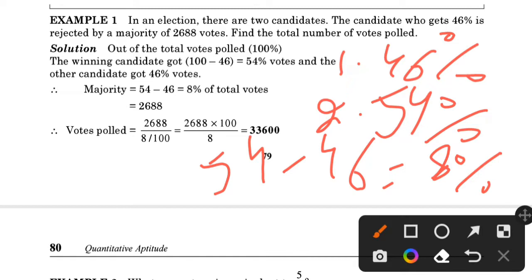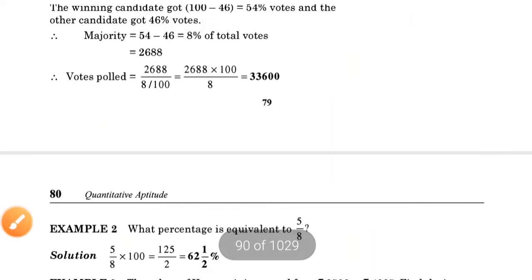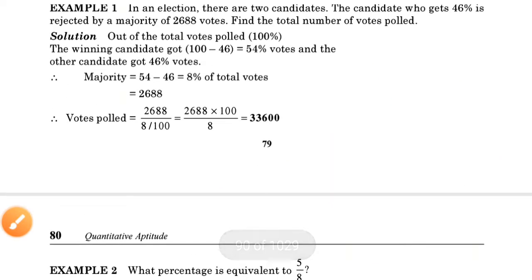So now the problem is how many votes were polled in that contest. We are given that by majority he obtained 2,688 votes, and that majority is 8% of total votes.